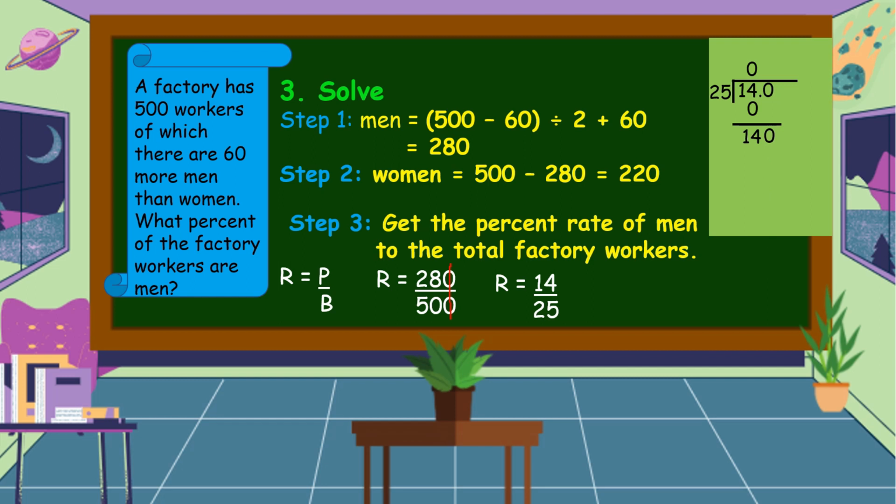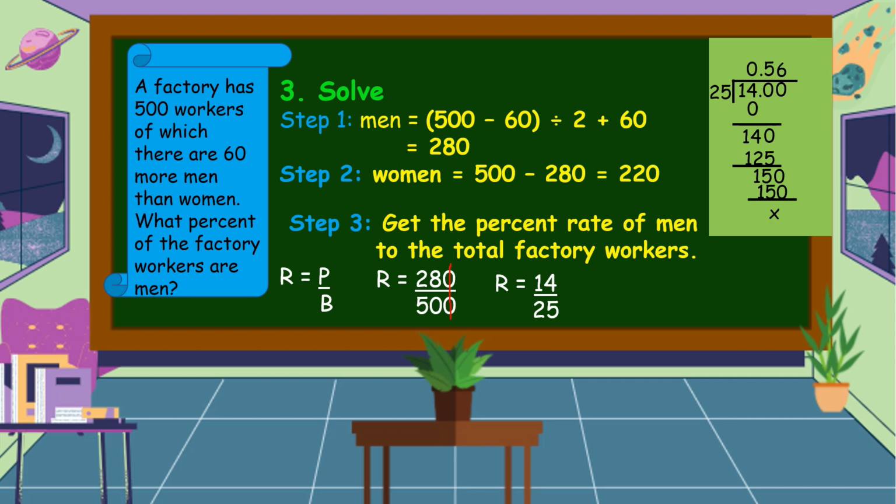Bring down 0. 140 divided by 25, the answer is equal to 5. 5 times 25 is equal to 125. 140 minus 125 is equal to 15. Bring down 0. 150 divided by 25, the answer is equal to 6. 6 times 25 is equal to 150, and we don't have a remainder anymore. So, we got an answer of 56 hundredths.